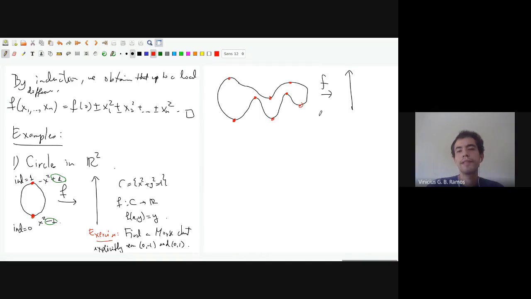So for circles in R2, when you think about this Morse function, which is a projection, you only have local minimum and local maximum. At a local minimum, the index will be 0, and at a local maximum, the index will be 1. That's all. There's not much variety here.